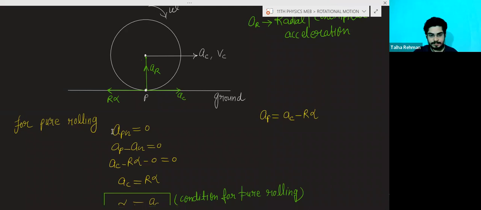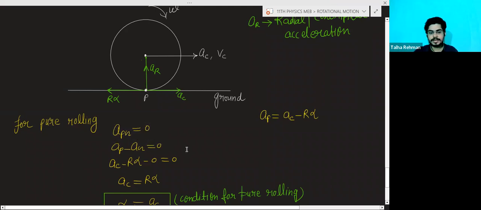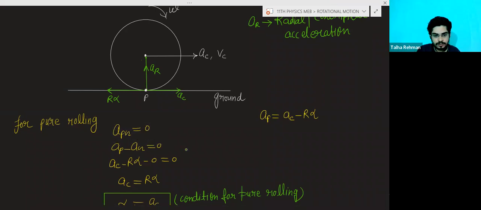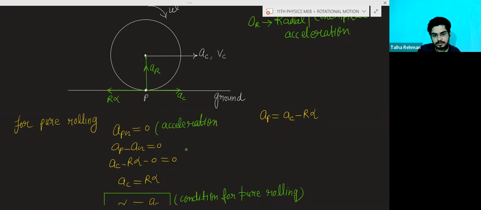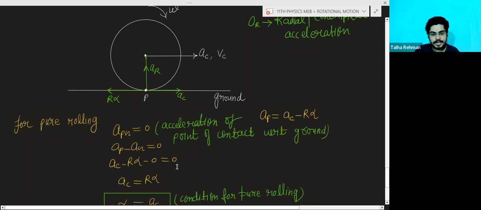Okay. So remember, acceleration of point P with respect to the ground. APG means acceleration of point P, or point of contact, with respect to ground.